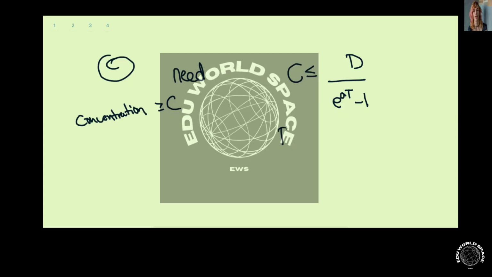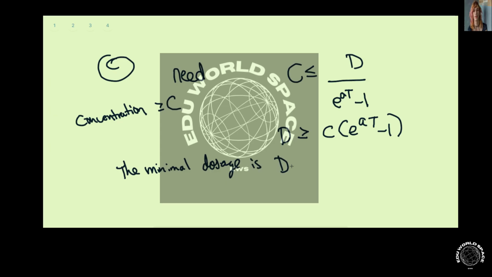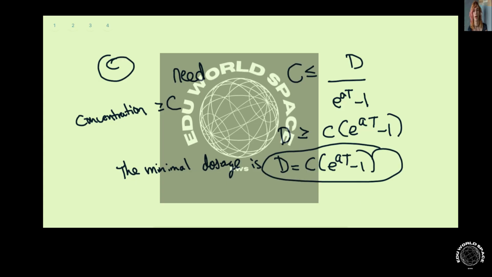Go ahead and solve that for D. So the minimal dosage is just D equals C times e^(aT) minus 1. And that's our final answer for part C, and that completes the problem.